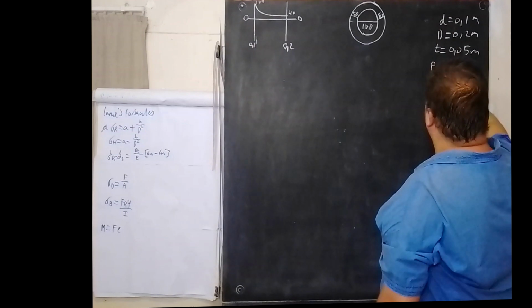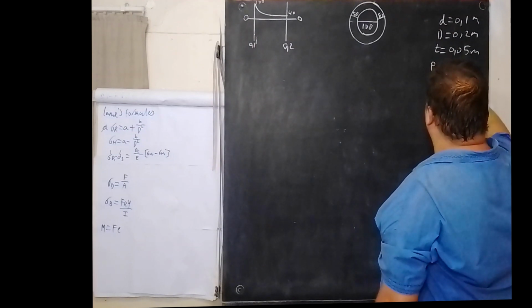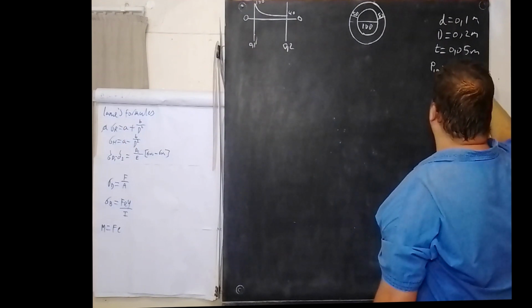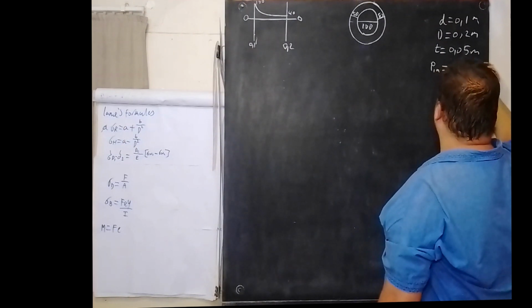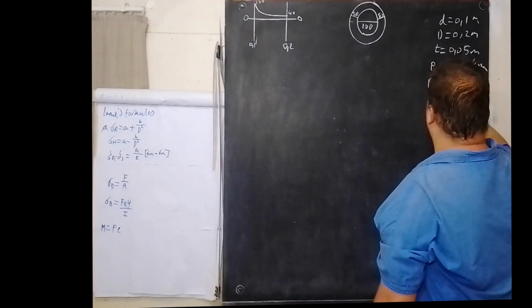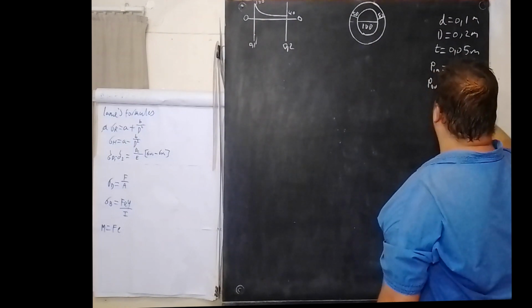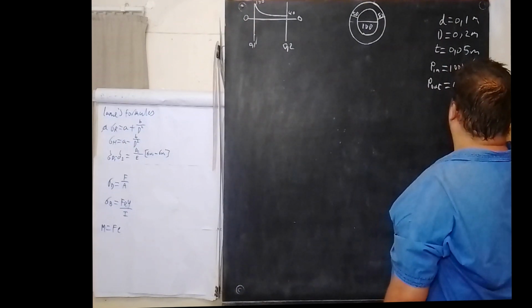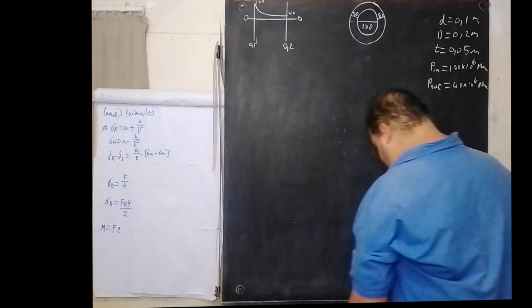Now the internal pressure is 100 times 10 to the 6 pascals. The pressure on the outside is 40 times 10 to the 6 pascals.